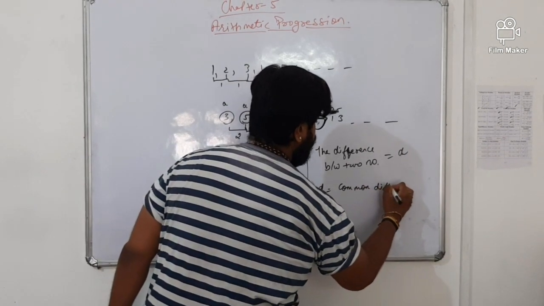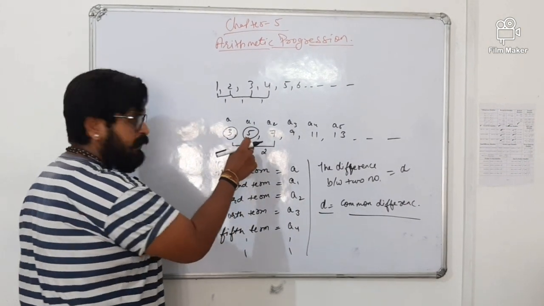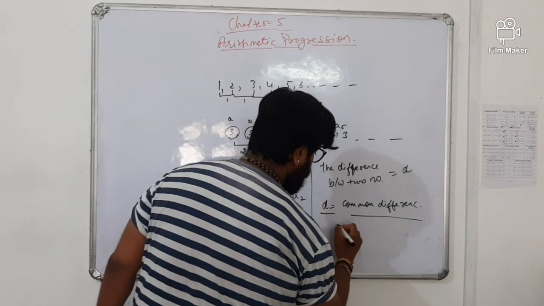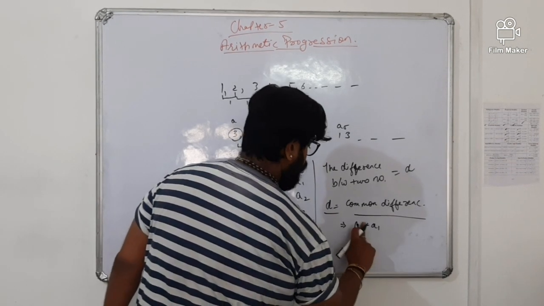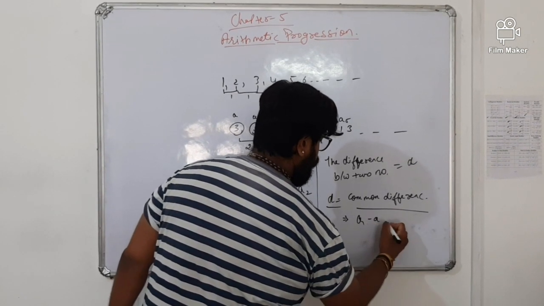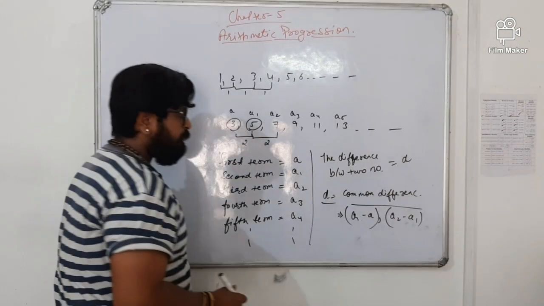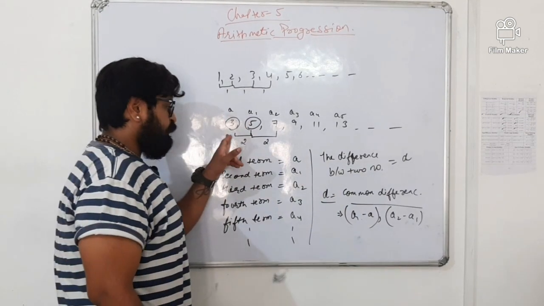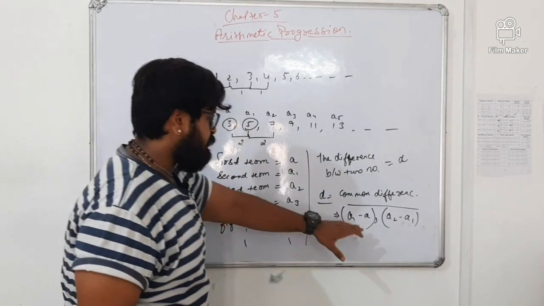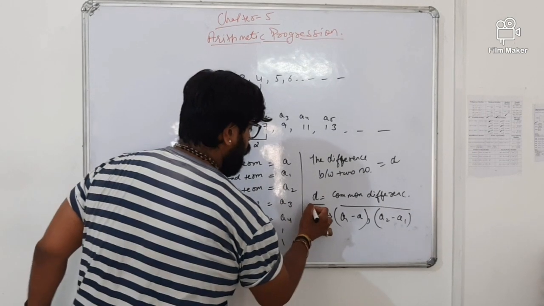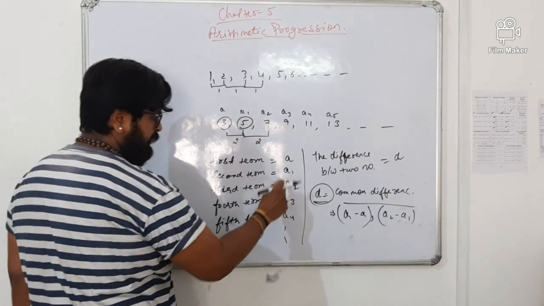Common difference means the difference between two numbers, and the formula for this is A2 minus A1 or A1 minus A. That is, the difference between the second and first term, the difference between the third and second term, the difference between the fourth and third term. This is known as D, the common difference. The first term is A, the second term is A1.